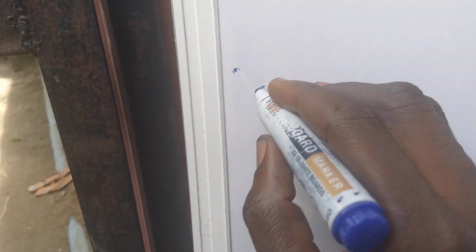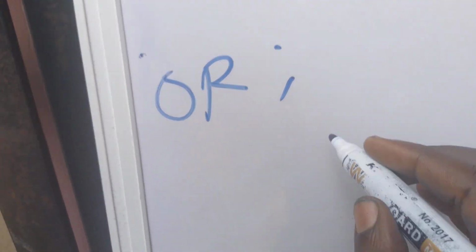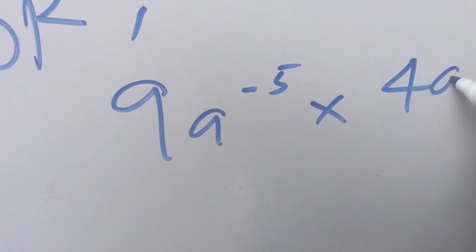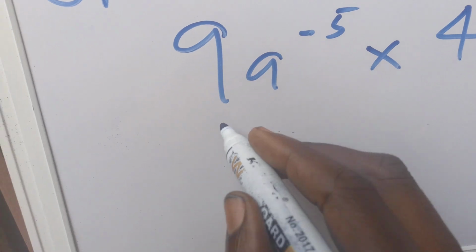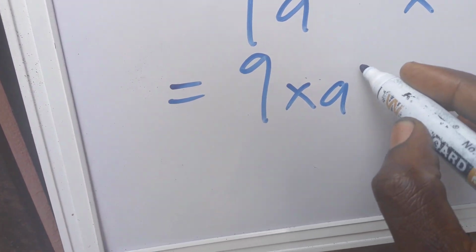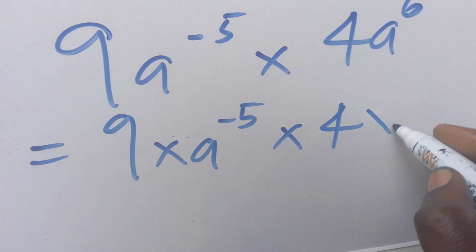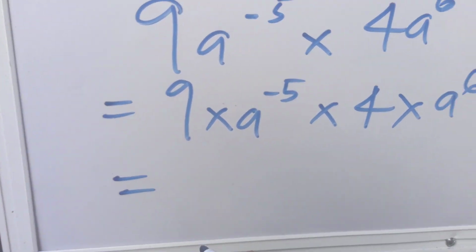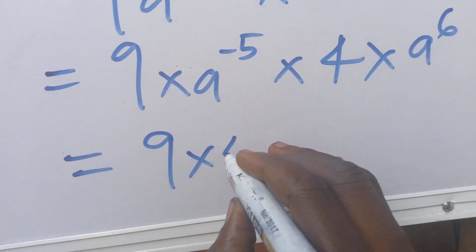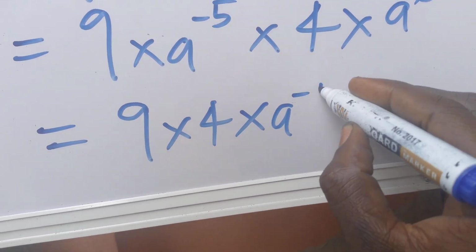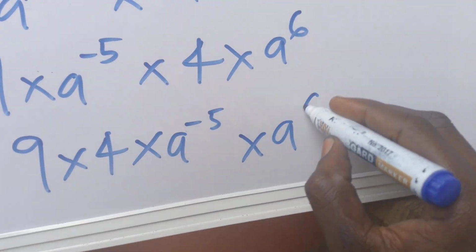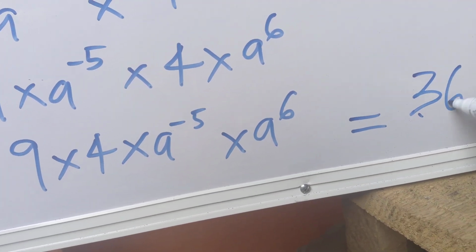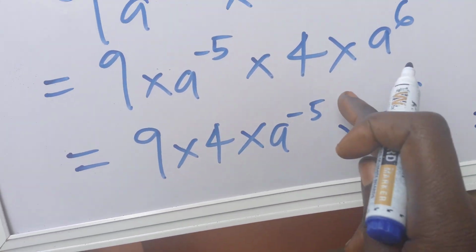Now there's another method of solving this. If I'm having 9e raised to power minus 5 times 4e raised to power 6, that will be equal to 9 times e raised to power minus 5 times 4 times e raised to power 6. This will give me 9 times 4 times e raised to power minus 5 times e raised to power 6. So I'll apply multiplication of indices there. 9 times 4 is 36 times, I will add the powers.